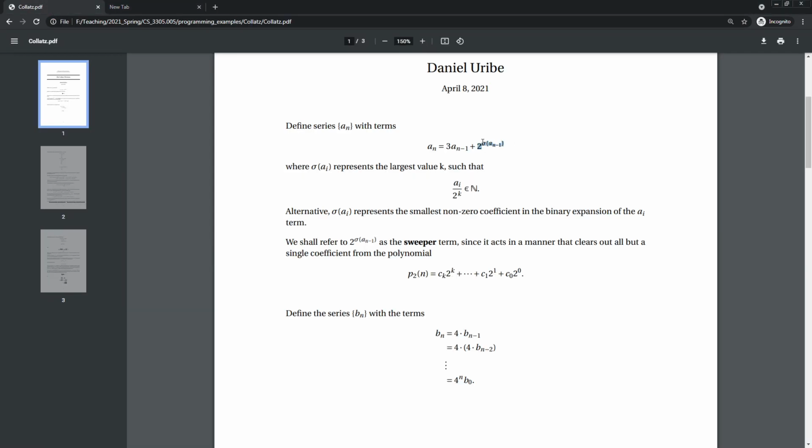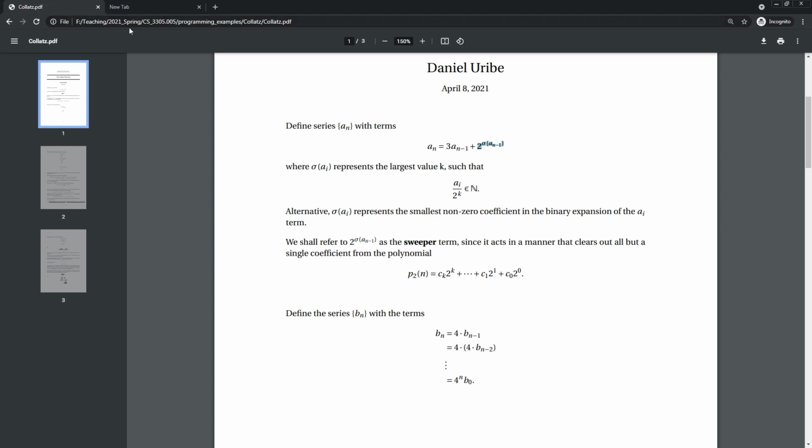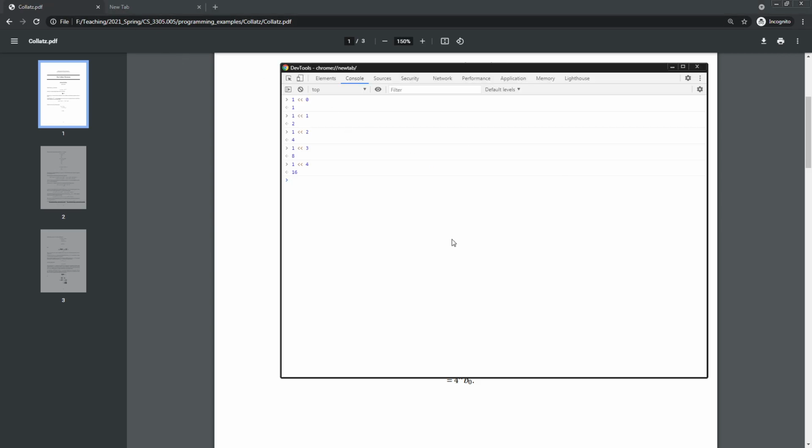So this function, the sigma function, takes the previous term in the sequence, and it tells you what the least significant set bit is. So we're calling it sigma of a sub n. Let's create a function, a sigma function.